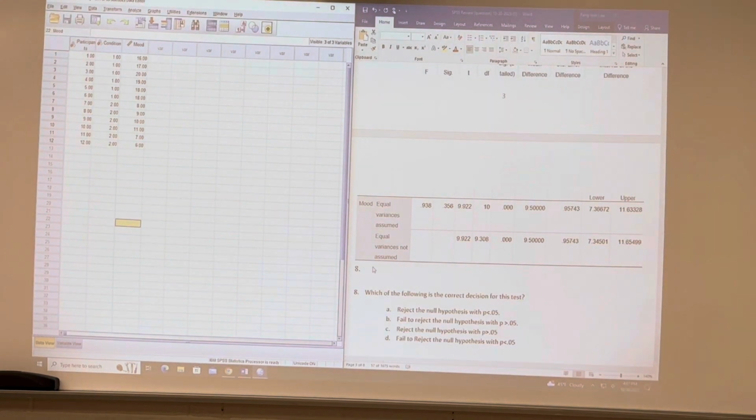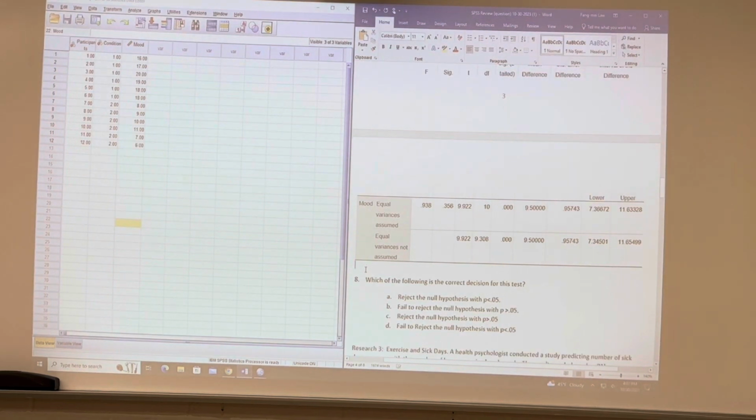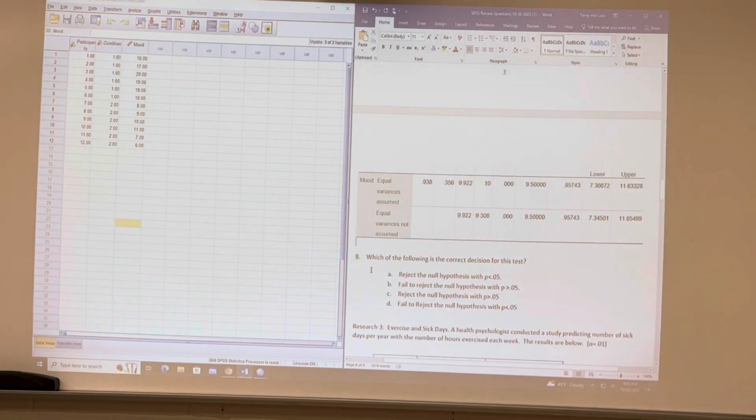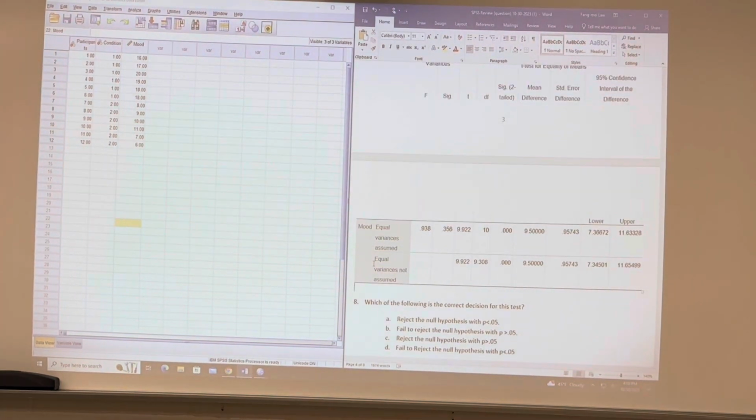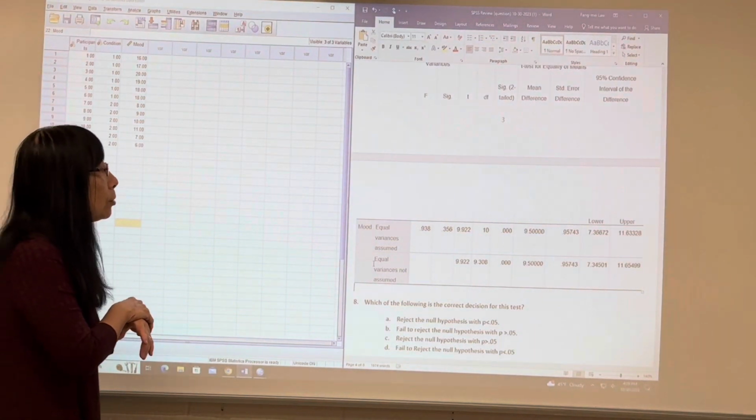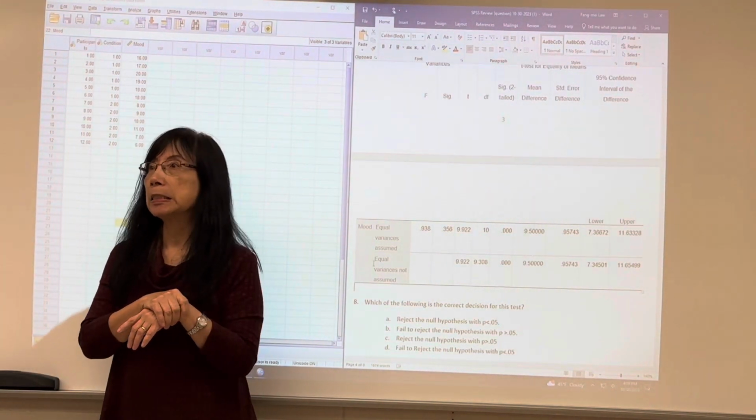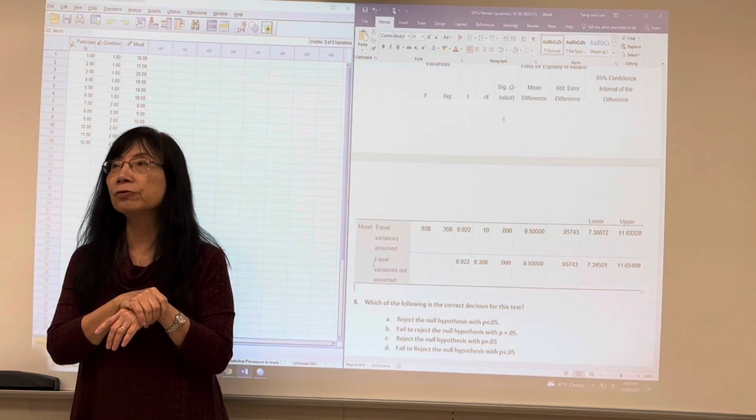Now you tell me, based on this data, what is the decision? It's A or B? For those of you who think B, because Sig is equal to 0.356, so you fail to reject, right?